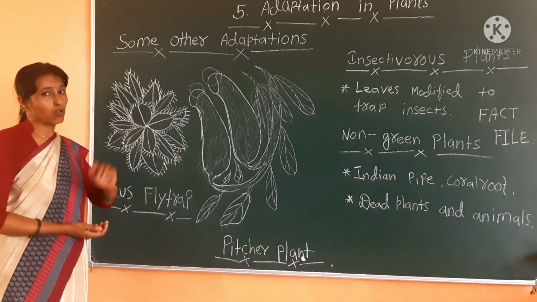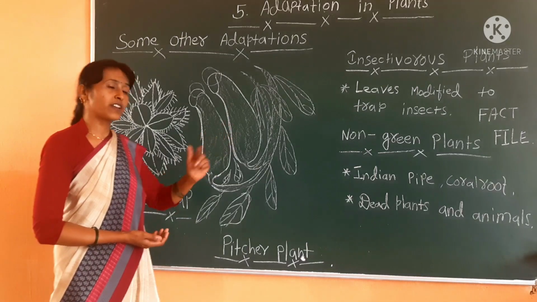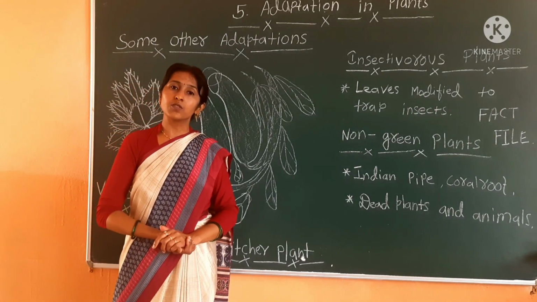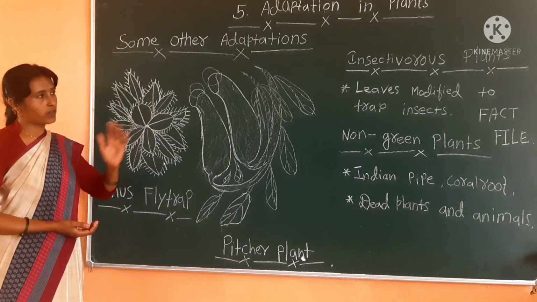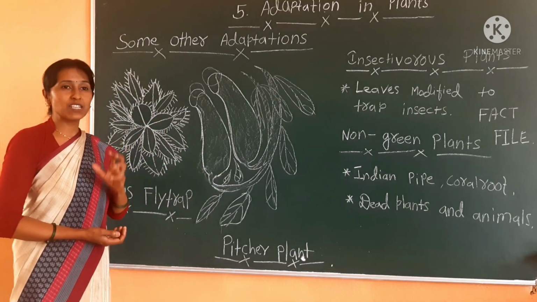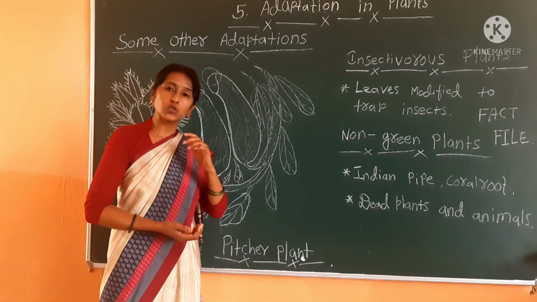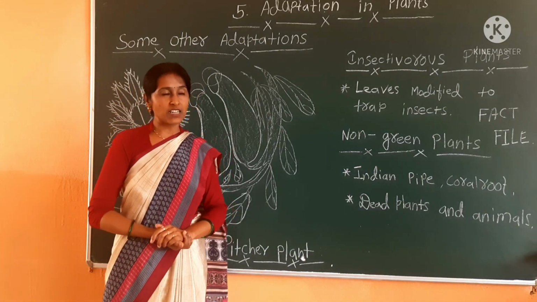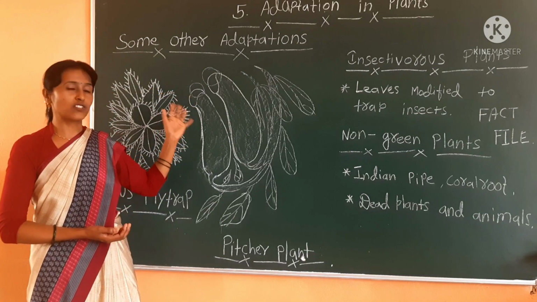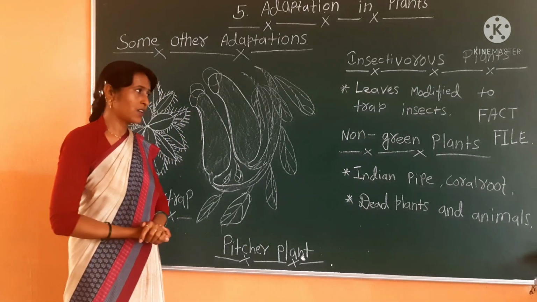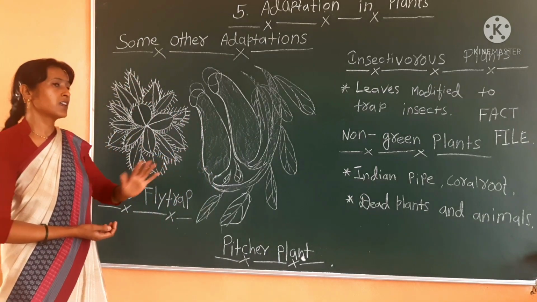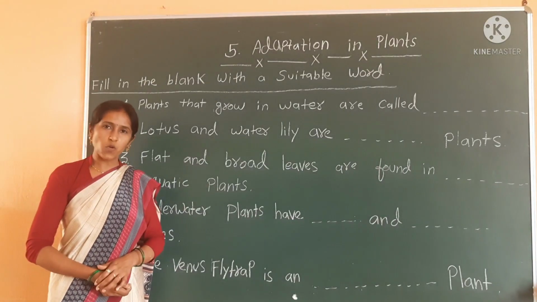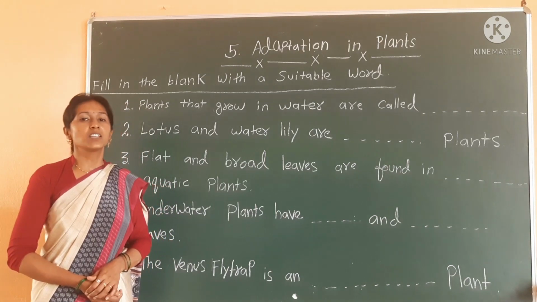Chlorophyll is also not found in these non-green plants, so they are quite different from other ones because of the absence of nutrients in the soil. So that is such a different adaptation. Okay, so this is all about these plants.